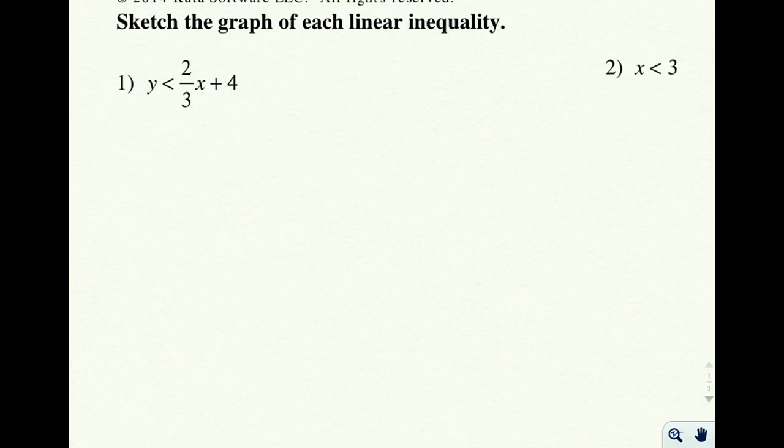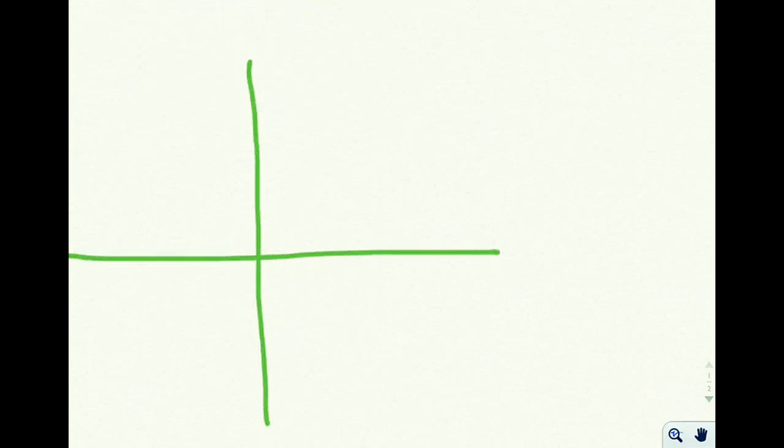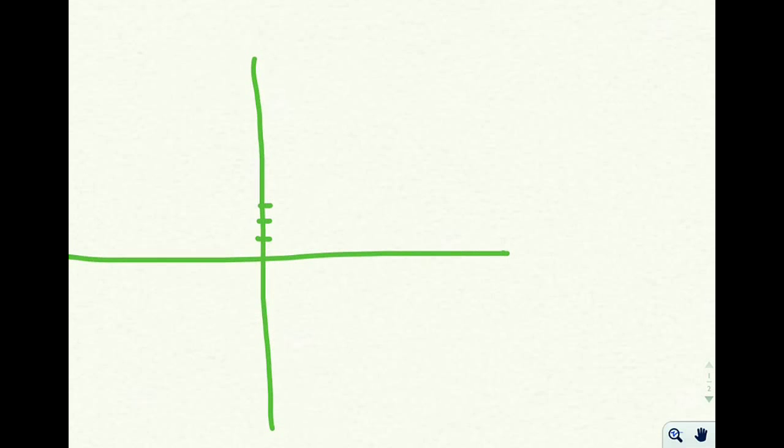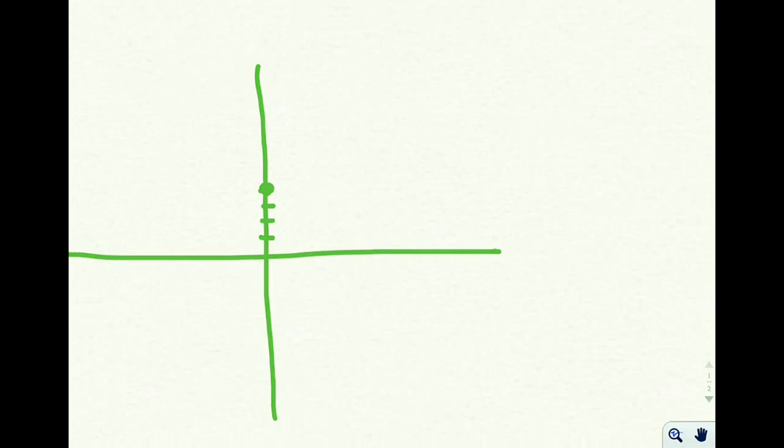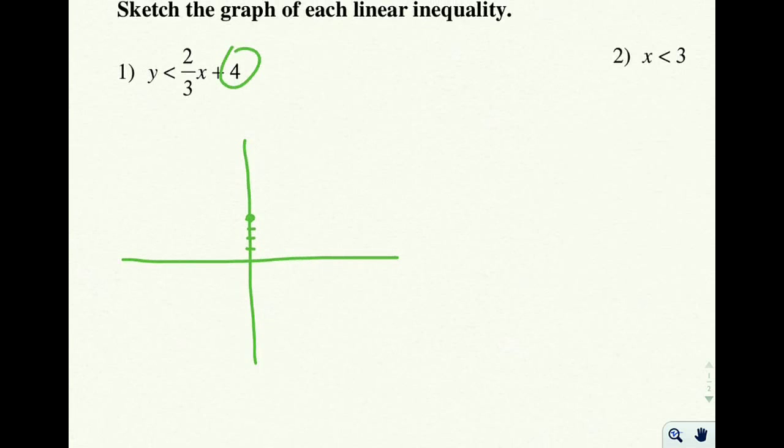To do that, we create our axes here, and we go up 4 for our very first point, and I know to do that because that's my y-intercept. The slope is how much I go over and up. So I go rise of 2, run of 3.